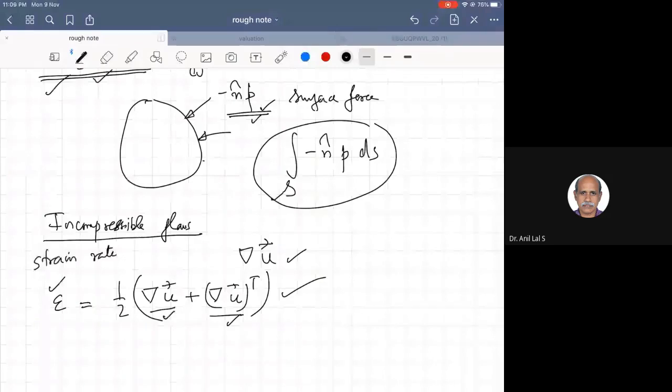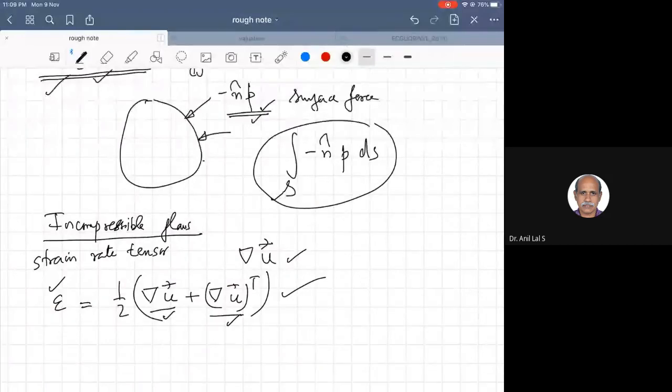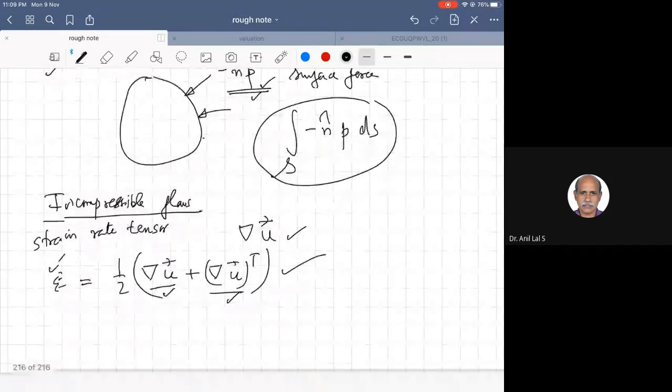So diagonal elements of epsilon represent the normal strain, and off-diagonal elements give the shear strains in the respective planes, depending upon the coordinate system you use.